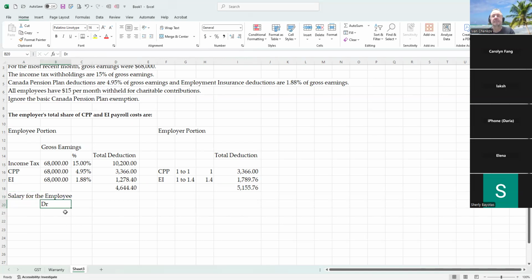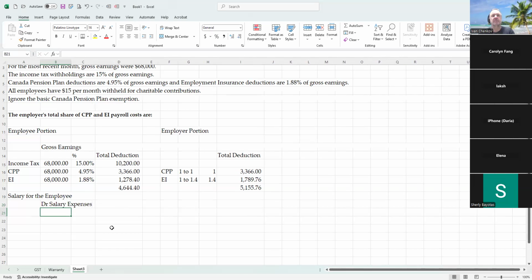Debit. Which account am I going to debit? Give me some suggestions. Salary expenses. I like this one. And how much will be my total salary expenses? The amount that I'm giving to the employee. How much am I giving them? $68,000. That's it. How much of the $68,000 they're going to get is a different story. Let's see how much they're going to get out of $68,000.